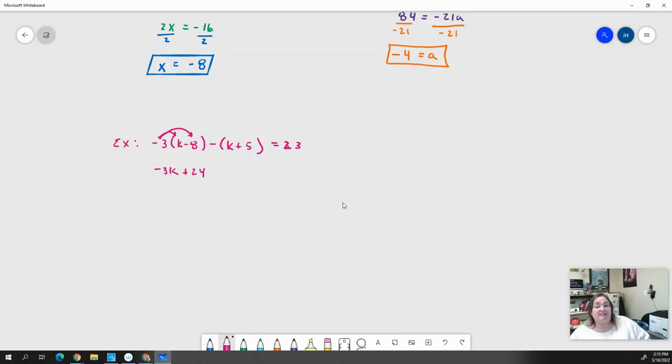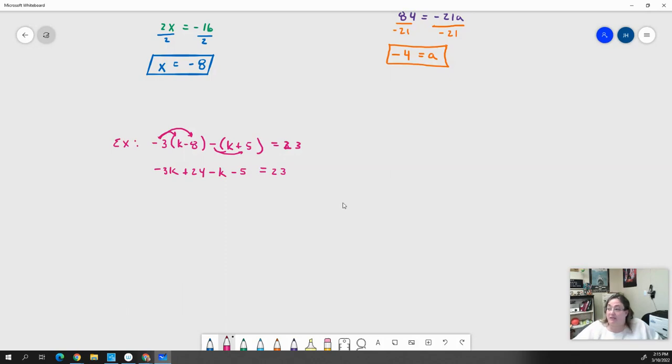Now, you might think this is saying minus this, but when we think about it, this minus, if you remember when we were adding things like this together, we had to distribute this negative to each piece, and it would just change the sign, and then we could pull it out. So if I distribute the negative to k, I wind up with negative k. And if I distribute it to the plus 5, I wind up with negative 5. And all of this will still equal 23.